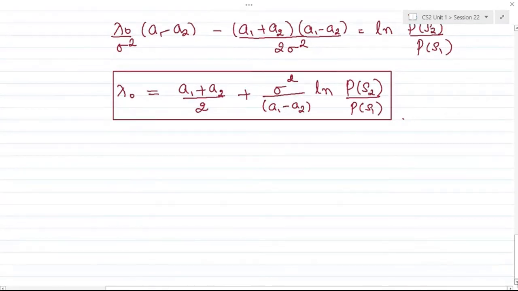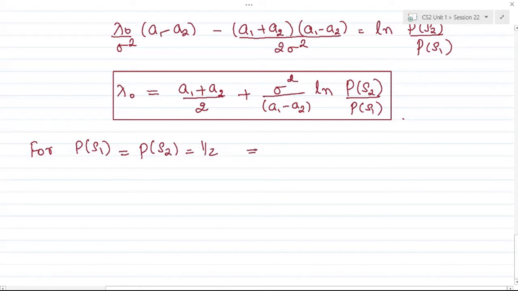So you observe that the first term is the mean value of a1 and a2. This was what we had set in our earlier case. For the case of equiprobable symbols, P of S1 is equal to P of S2, and obviously the second term is 0.